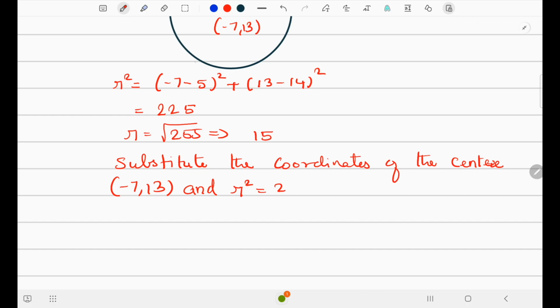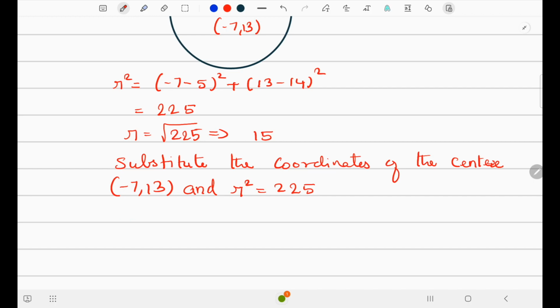This is 225, so 15 times 15 equals 225. Okay, right. So the r square is 225.